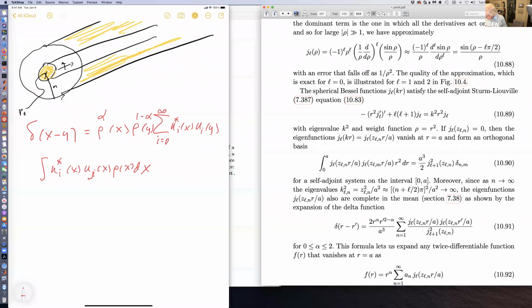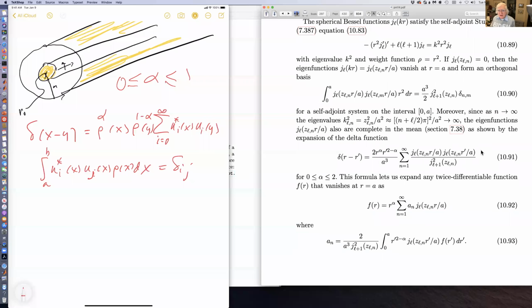And we're talking about some interval here, a to b, and this is delta ij. So that's the normalization. Alpha is an arbitrary number greater or equal to 0 and less than or equal to 1. So that's the completeness relation, or the delta function relation, for the eigenfunctions of a Sturm-Liouville system with weight function rho.